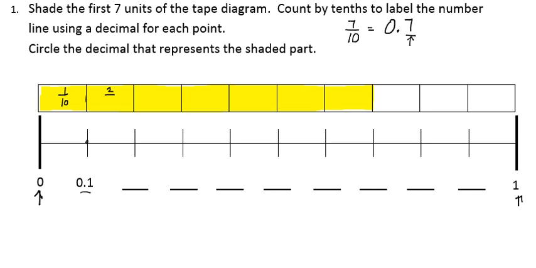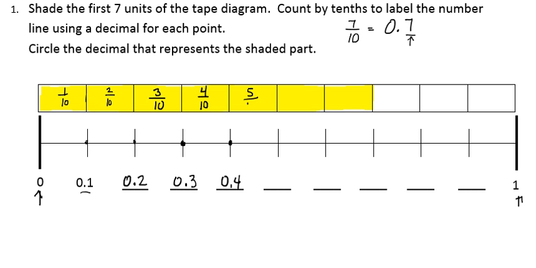At the end of the second section would be 2/10, so where that section ends is 2/10 on the number line. As a decimal, that's written 0.2. Moving on, we now have 3/10, and where that section ends, that's 3/10 on the decimal number line. I have 4/10, where that ends is 4/10.